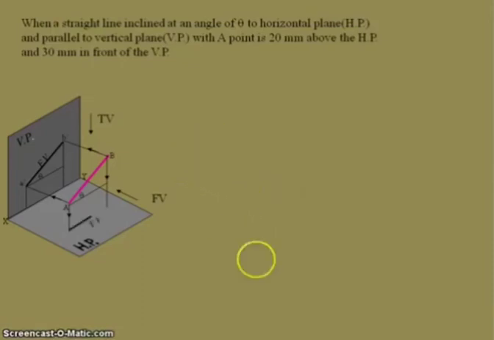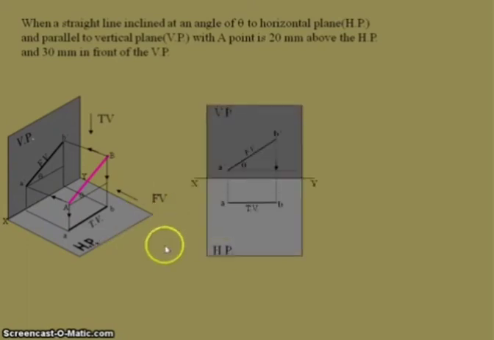Here this is the top view we have obtained by drawing the construction lines from point A and point B. Again I am representing the name as AB, and I have drawn the construction lines. These construction lines coincide with each other at the reference line XY. This is the imagination explanation for the line inclined to the horizontal plane and parallel to the vertical plane.